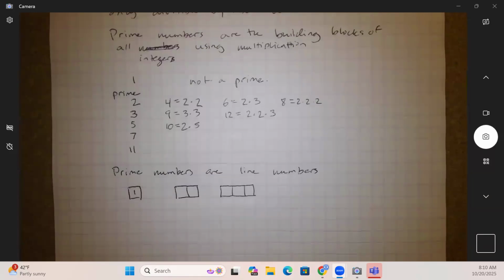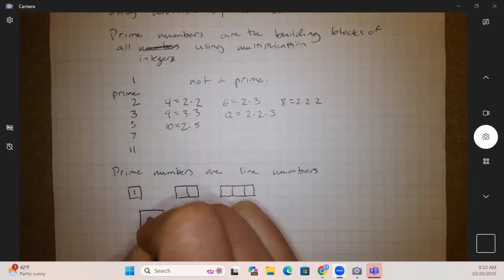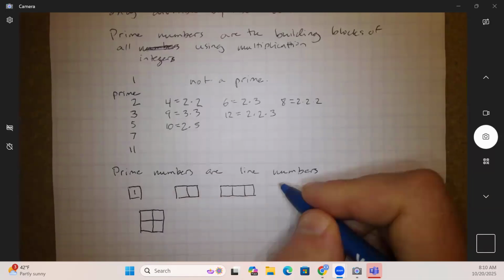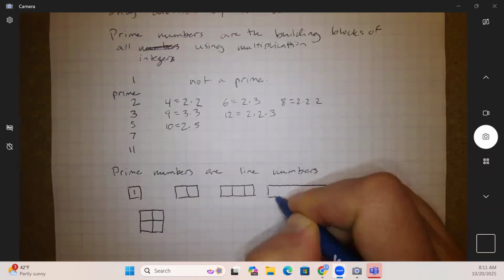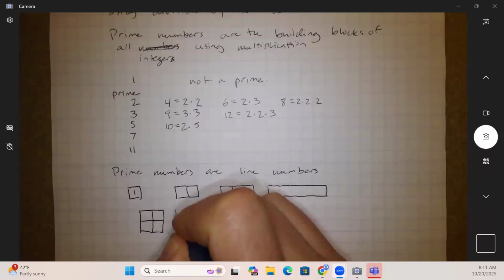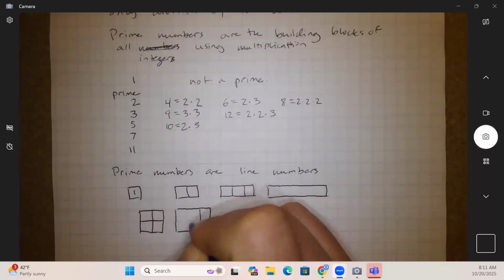There's 3. Now, 4 I can write as a line, but 4 I can also write as a square. 5 I can only write as a line. If I tried to make this into a rectangle, I would end up with 3 and 2, and that's not a perfect rectangle. All right, and then 6 I can write as a rectangle.